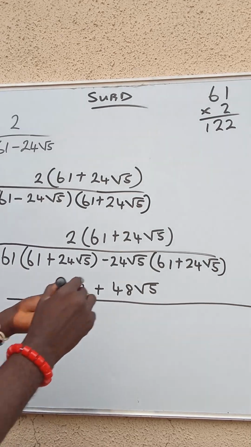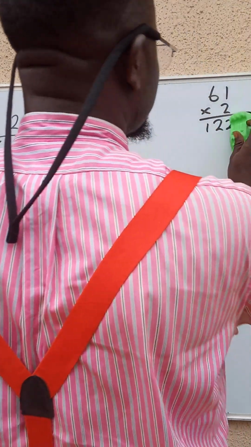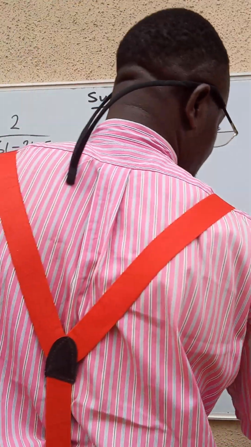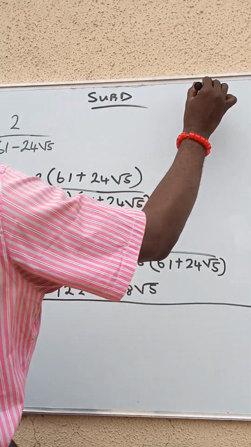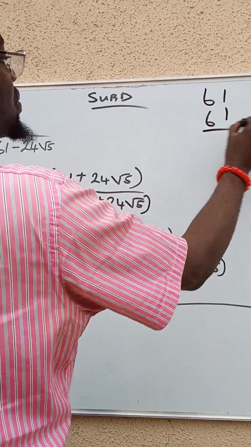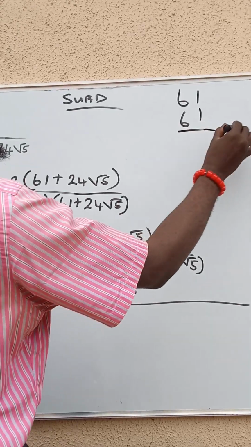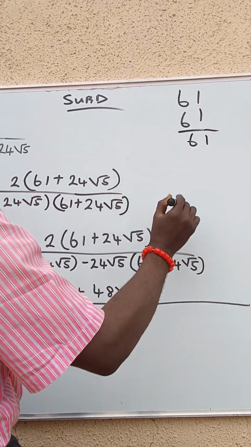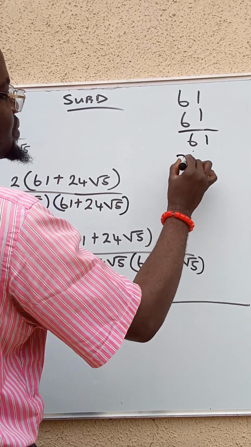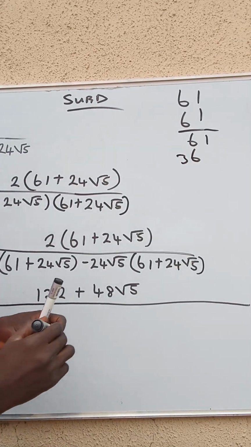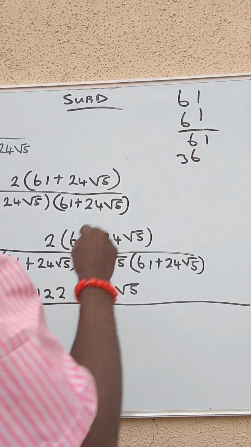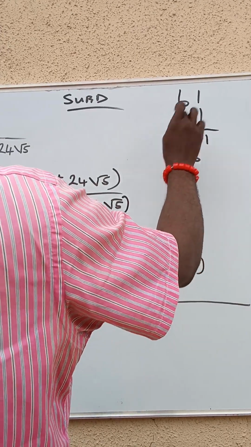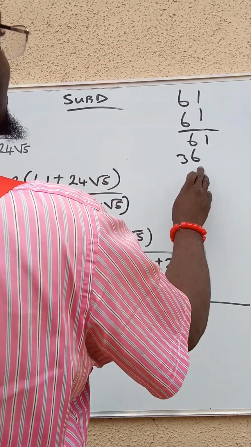61 times 61. 61 times 61, right? You bring it out. 61. Very simple. 1 times 1 is 1. 1 times 6 is 6. 6 times 6 is what? 36. 1 times 1 is 1. 1 times 6 is 6. 6 times 1 is what? 6.